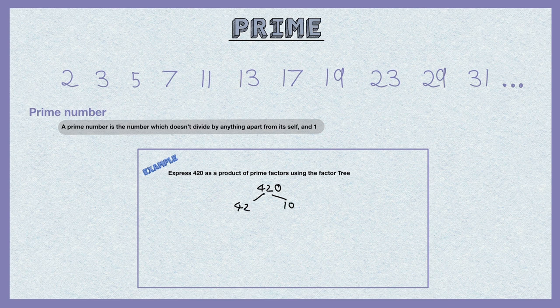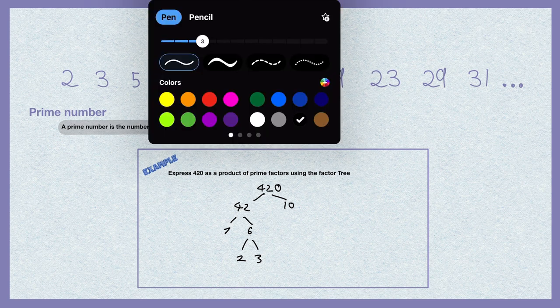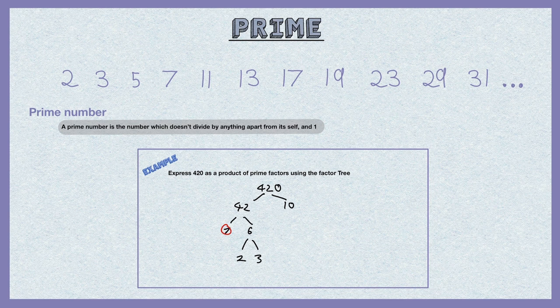So 42 times 10 equals 420, so these two underneath the tree equal the top one when you multiply them. And then go again, 7 times 6 equals 42. And then 2 times 3 equals 6. And the reason why I've left the 7 here is because it's a prime number.